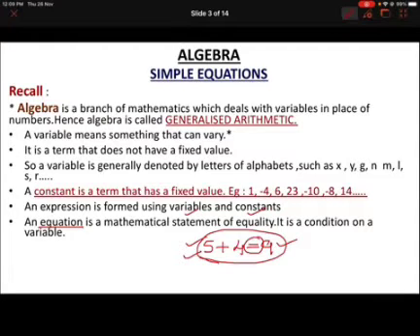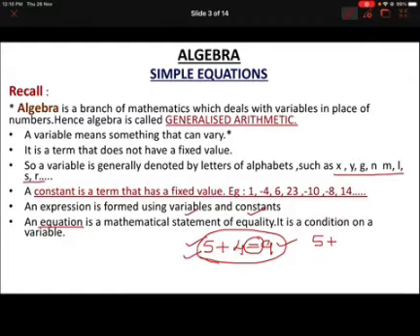It is a condition on a variable. What we mean by that is, in this example, children, I have written 5 plus 4 equals 9. I can write 5 plus any variable. Choose any variable from these or many other alphabets. Take one of them.